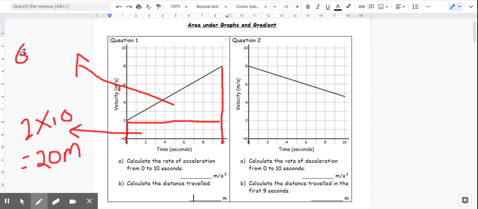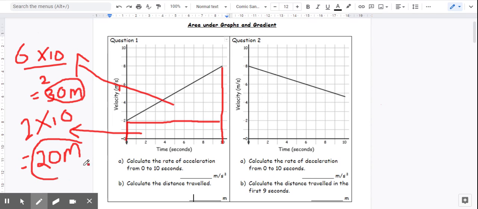So it's 6 times 10, your base, divided by 2. So 60 divided by 2, which is equal to 30 meters. Once we calculate the distance traveled in segments, we need to find the total distance traveled, which will be 30 plus 20, which is 50 meters.